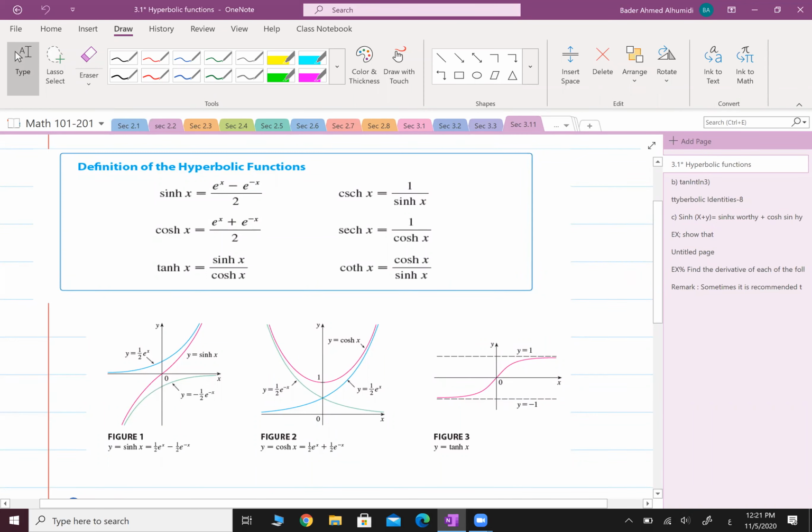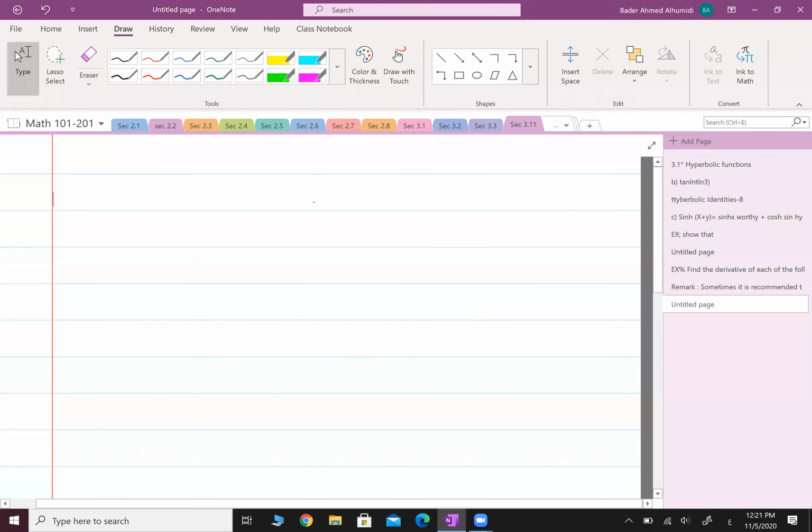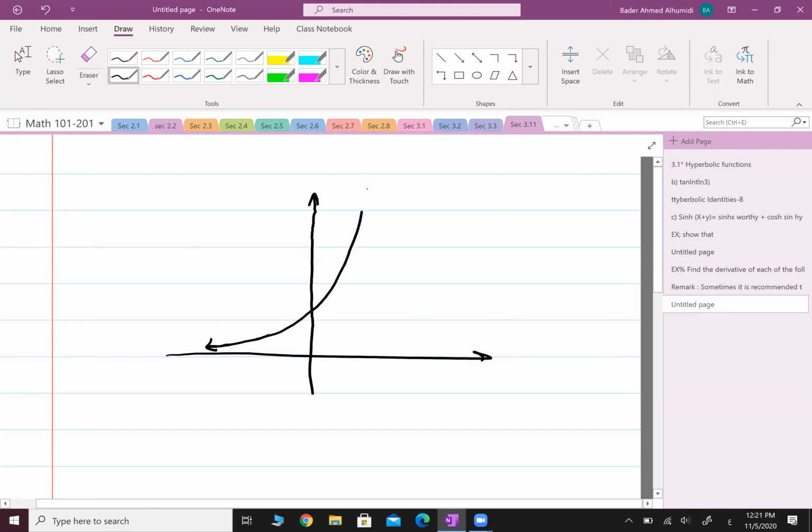So first one, what is the definition of the hyperbolic sine function? You remember in Math 002, we studied the exponential function, and we said we have two types of exponential functions, either increasing or decreasing. One special function here is the natural exponential function, y equal to e to the power x.